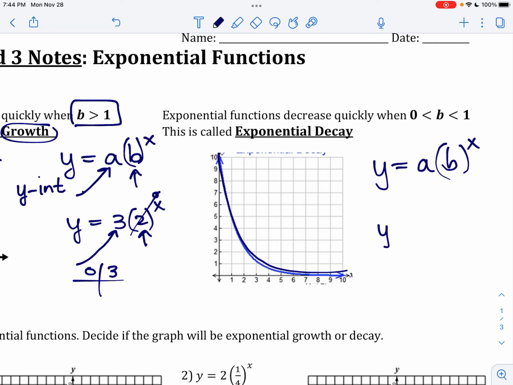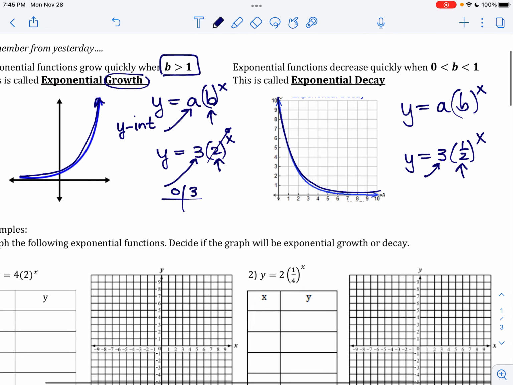So for instance, y equals 3 times 1/2 to the x. So this is your decay because it's between 0 and 1. The 3 is still going to be your y-intercept. Okay, so the 1/2 is the decay factor, that's the exponential decay, and the 3 is your y-intercept.